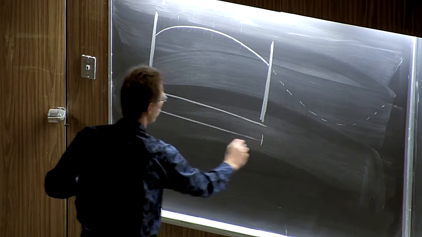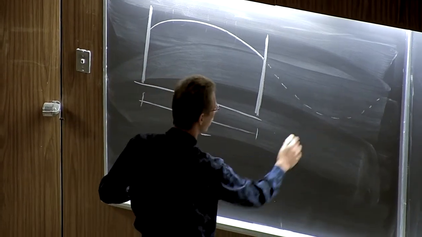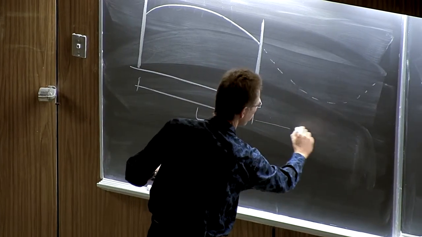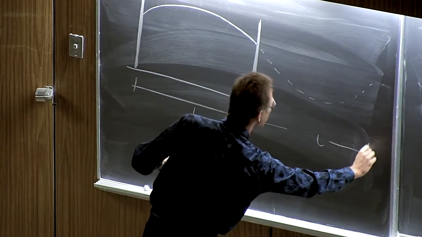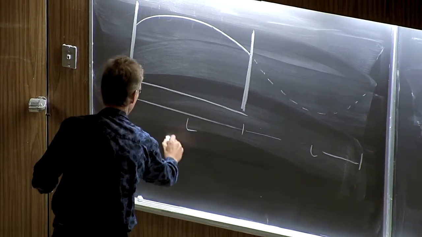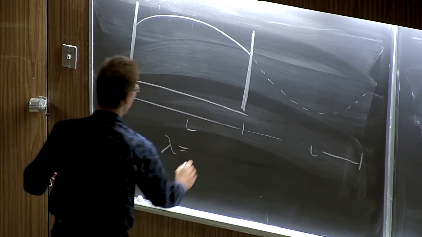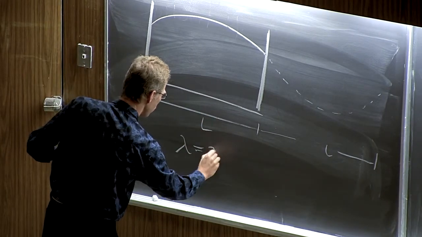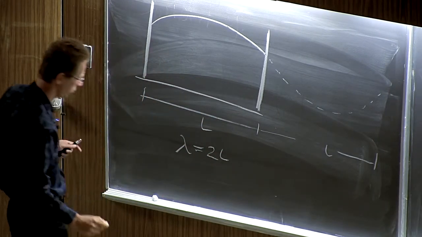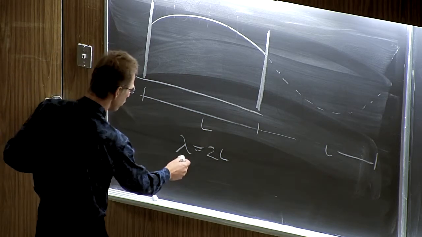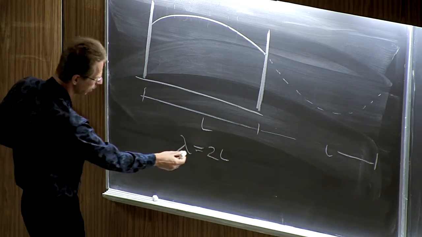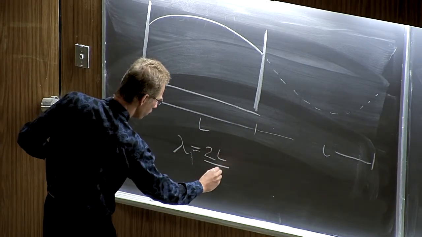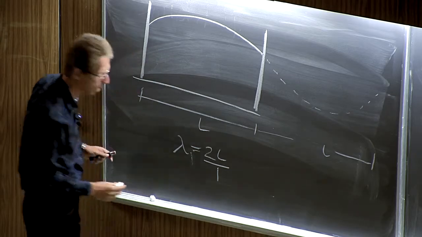This is the distance L for the rope, and here we have no rope, but of course it would also be the same distance here. And we see that the lambda of the wave, where it repeats itself, is actually 2L. And since this is the fundamental mode, we call this lambda 1. And we can also say this is 2L over 1.